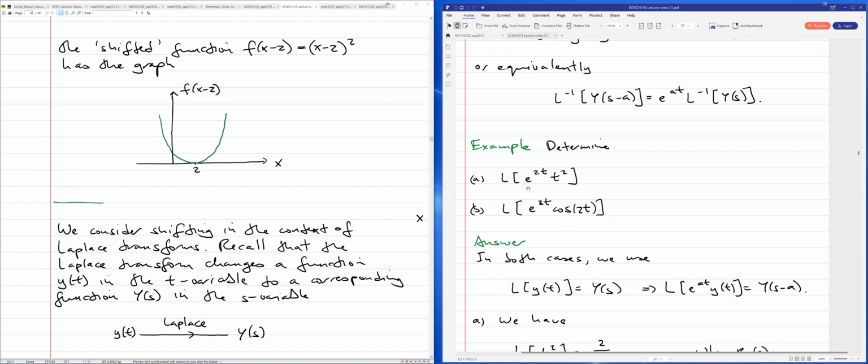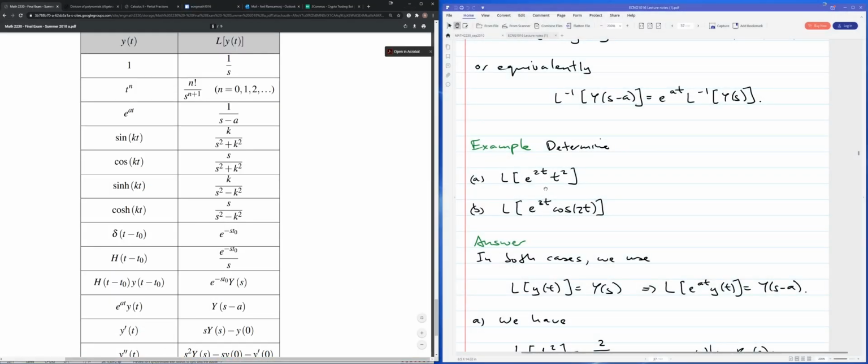All right, so I want to get the Laplace of e to the 2t times t squared. Notice we don't really know how to do this directly from the table.